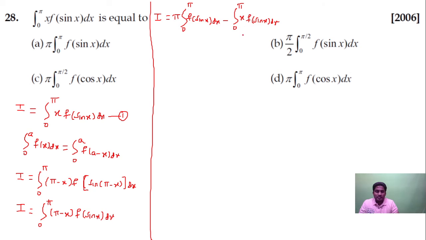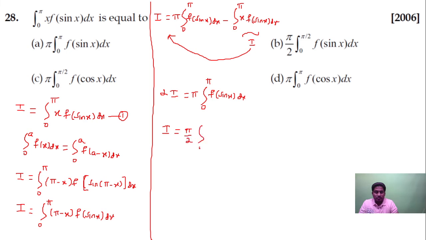So this is the same as I. You shift it to the left side, you get 2I is equal to pi times integration 0 to pi f of sin x dx, so I is equal to pi by 2 times integral 0 to pi f of sin x dx. I don't find any option like this.